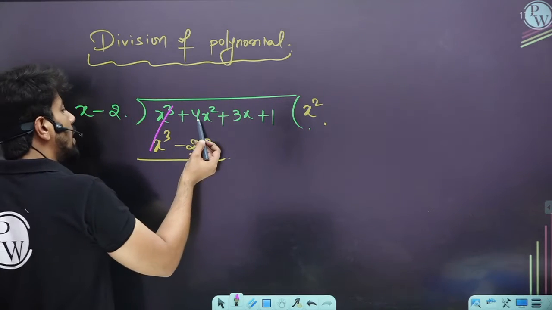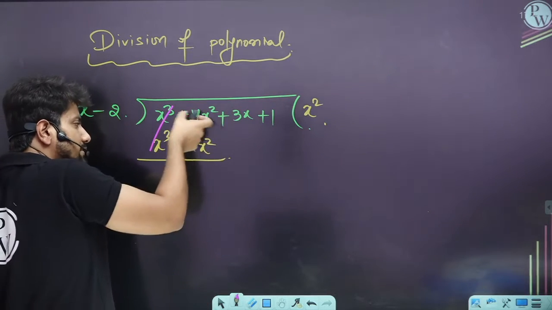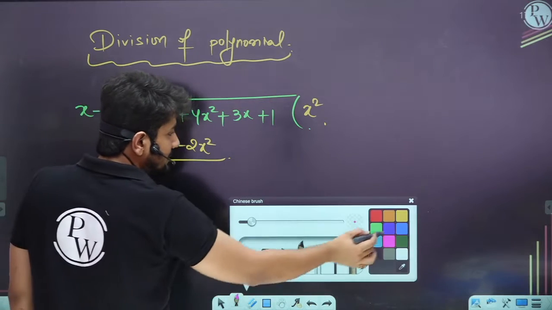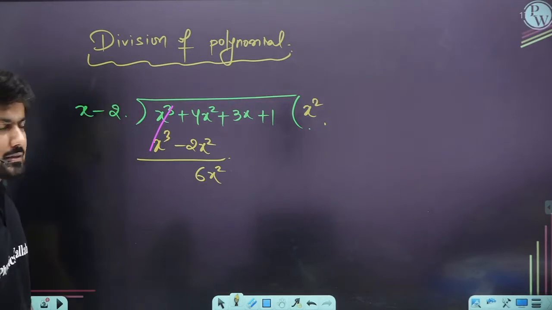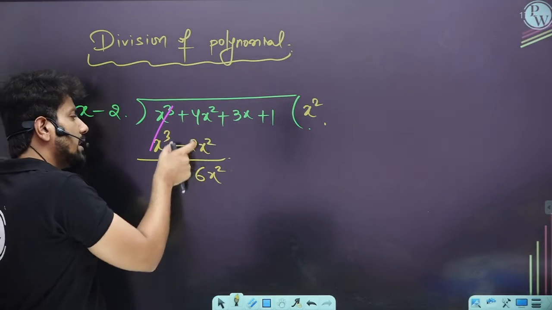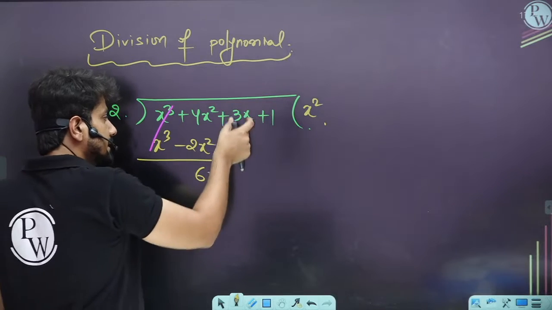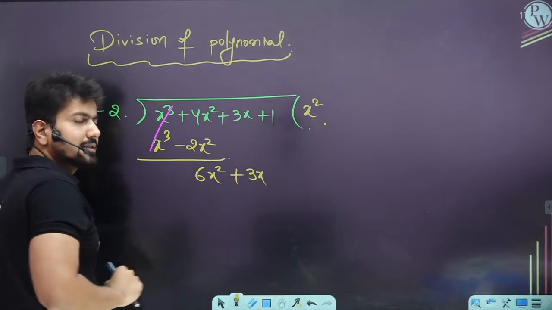What is 4x square minus of minus 2x square? From 4x square you are subtracting minus 2x square, so here I am going to get 6x square. Then I am dropping this plus 3x.